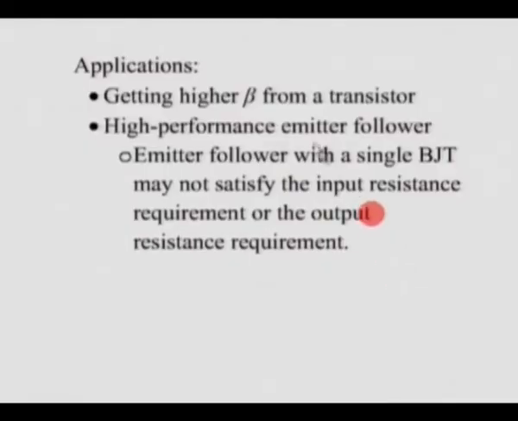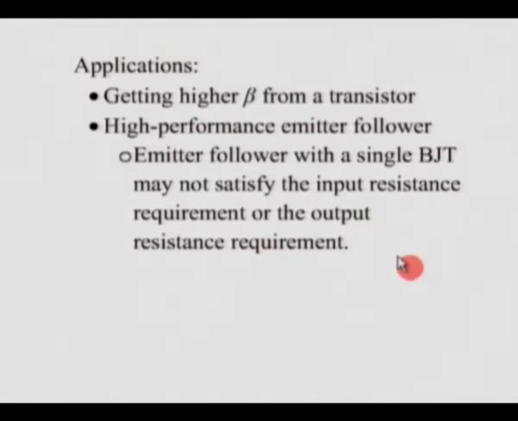Now, when you talk about the application of a Darlington, one of the first things is to think about getting high beta from a transistor. But the major application of a Darlington configuration is to use it as an emitter follower.